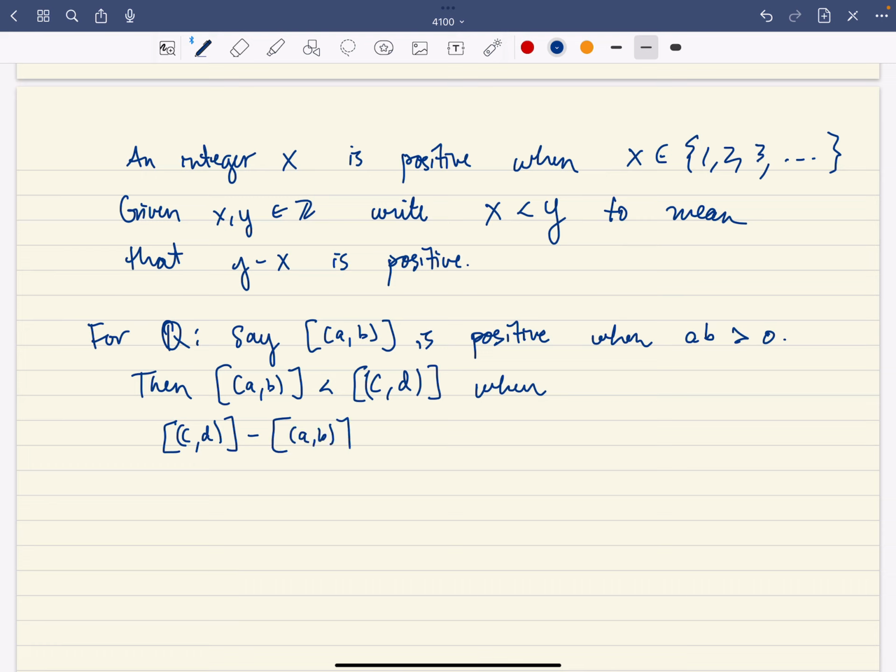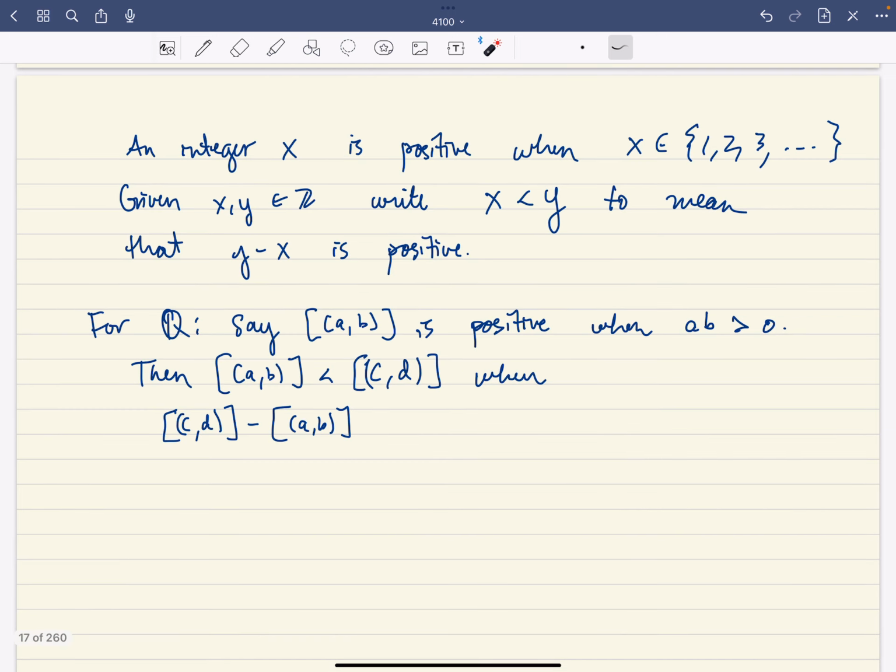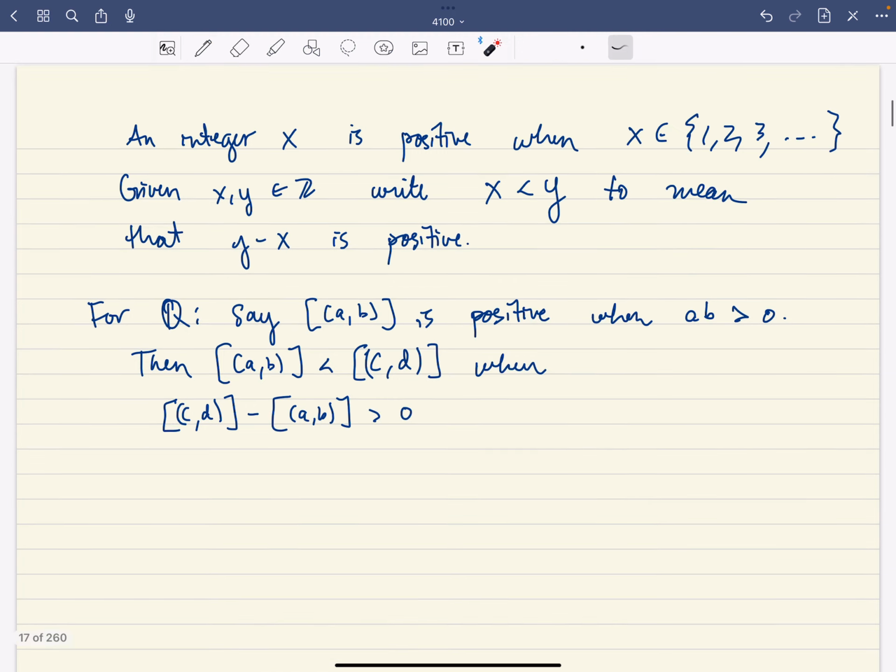By the way, I haven't actually defined subtraction in the rationals, but what I mean by minus is adding the additive inverse. Subtracting is just adding the additive inverse. So (A, B) is less than (C, D) whenever their difference is positive, and positive just means that the product of the terms in that rational number, A times B, is positive as an integer.